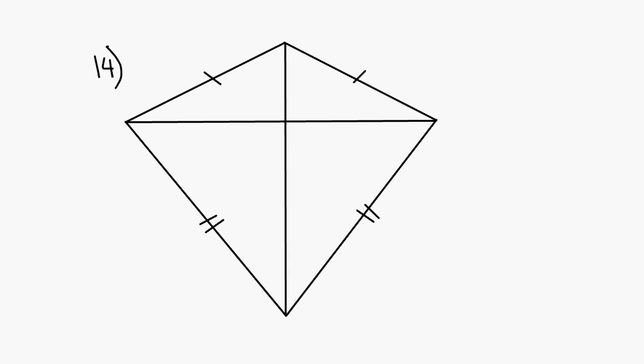All right, this angle is 40 degrees. This is angle 1, 2, and 3. In your notes, we said that in a kite, the diagonals intersect at 90 degrees, or that they're perpendicular to each other. So this angle right here is 90 degrees.